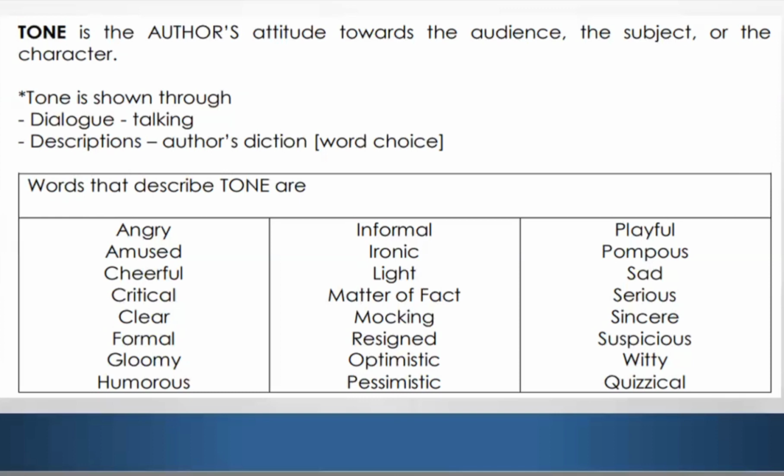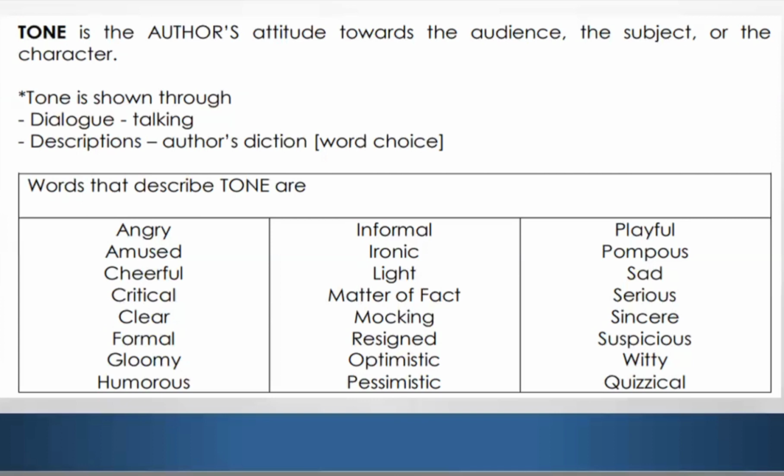So it says here that tone is the author's attitude towards the audience, the subject, or the character. It is actually the feelings or the emotions invoked by the author himself to something.